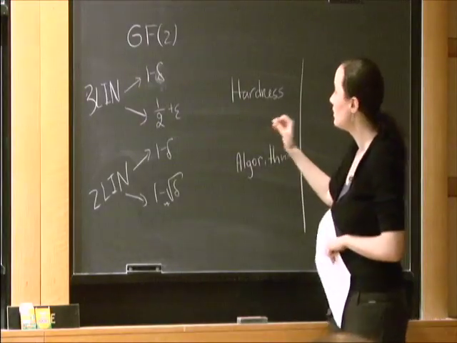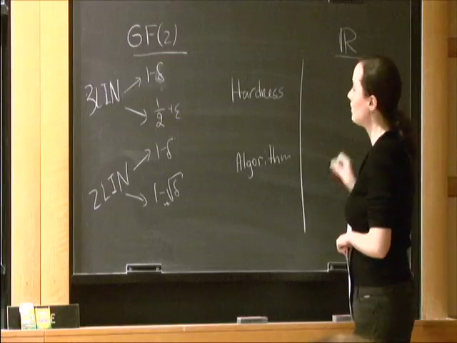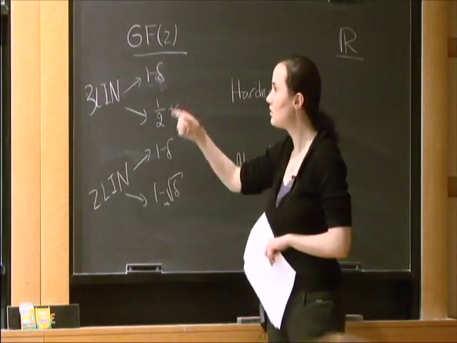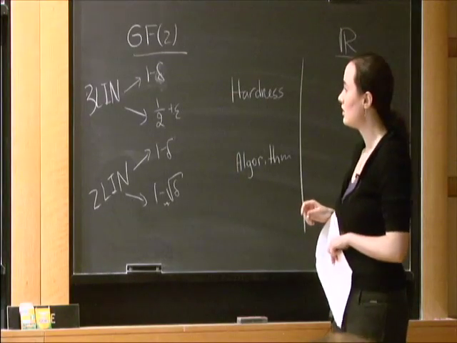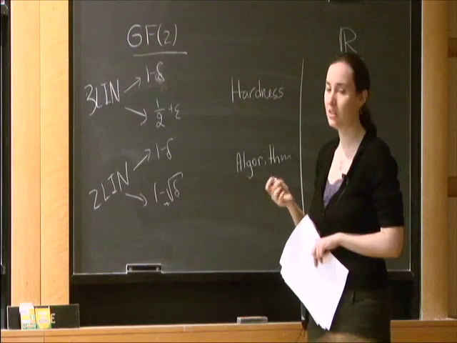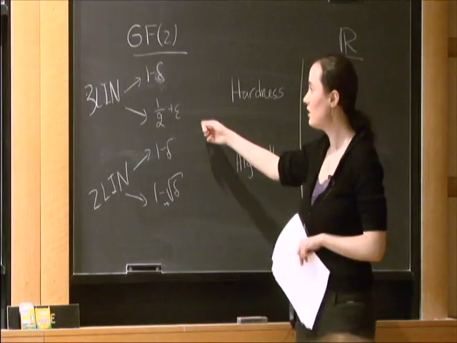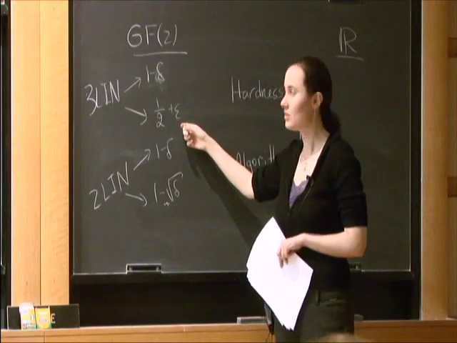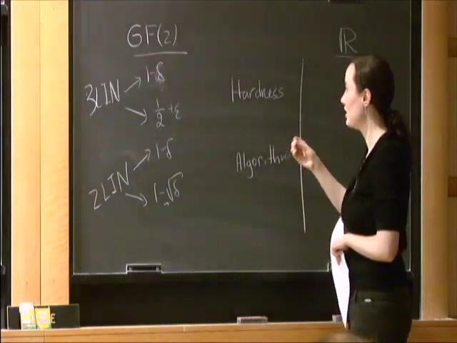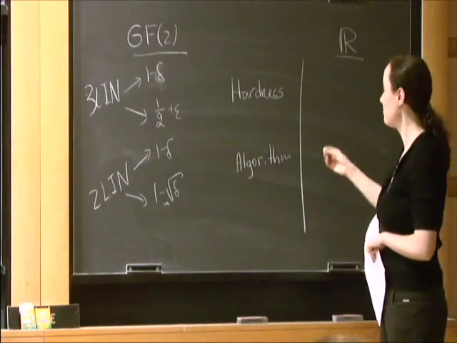Over the reals, this doesn't happen. So over the reals, as we saw just now, if we consider the expected margin, then even in the 3-lin case, there is an algorithm that gives expected margin of 1 minus square root delta.